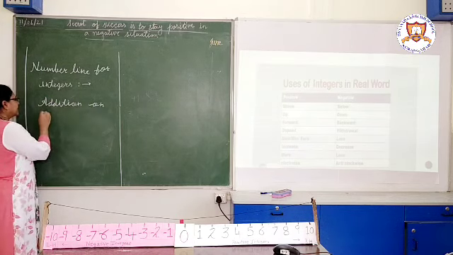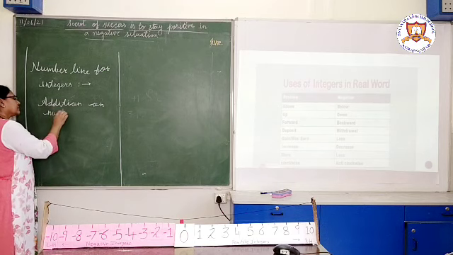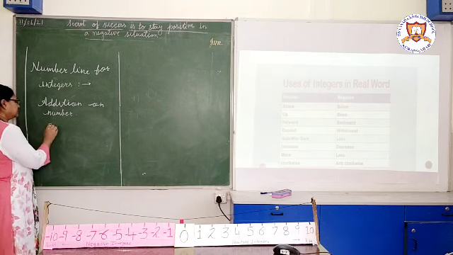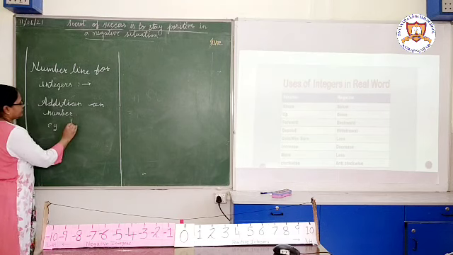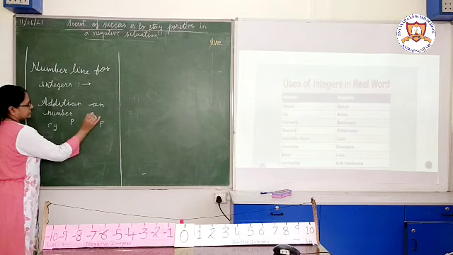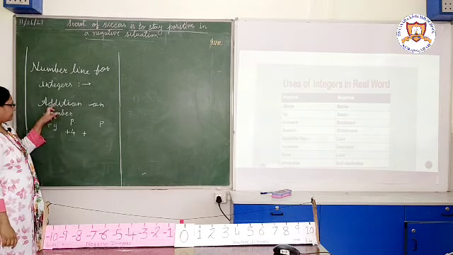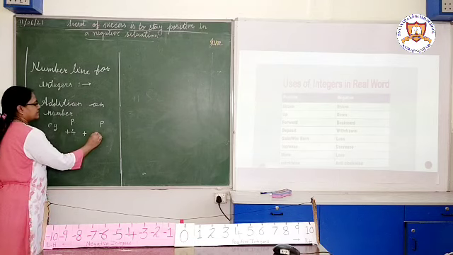Addition on number line. First I will take both positive numbers. See, plus 4, then a plus sign because we will do the addition, and plus 5.